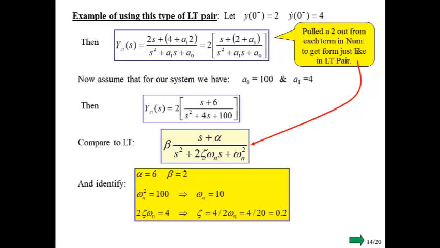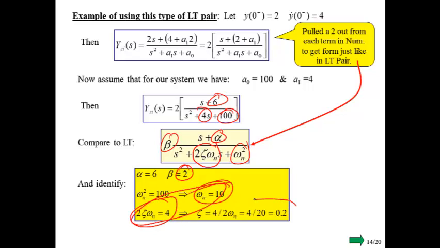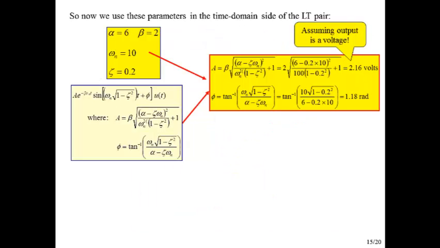So if we say alpha is equal to 6, beta is equal to 2, omega sub n squared is 100, that means omega sub n is 10, 2 zeta omega sub n is 4, and then if we combine all of that, we end up getting zeta is equal to 0.2. So all of this stuff tells us that we have an underdamped system.